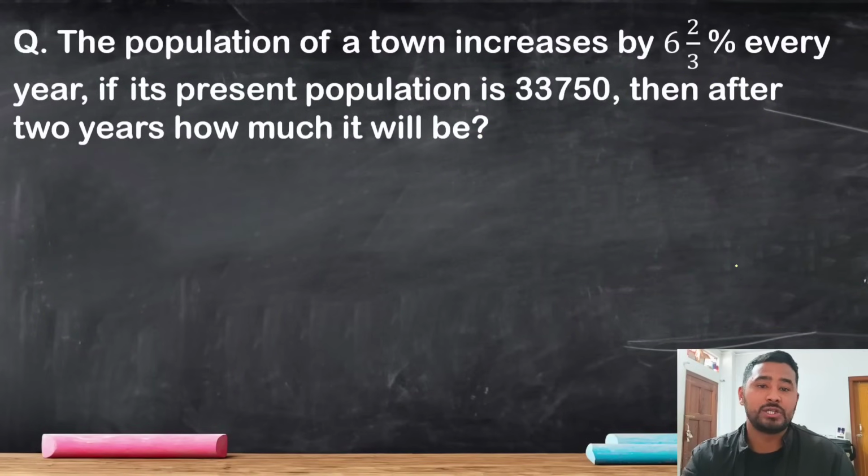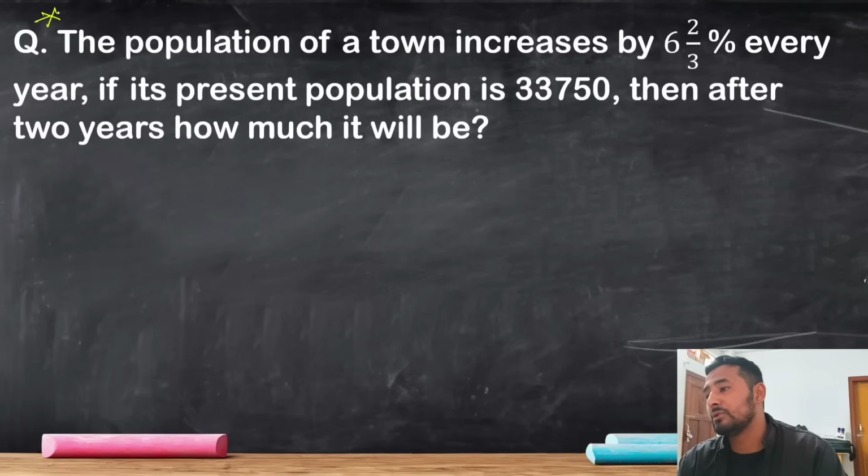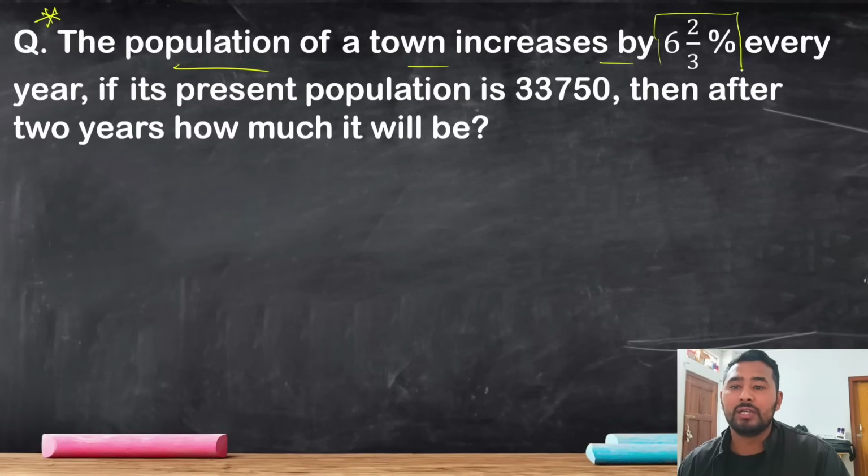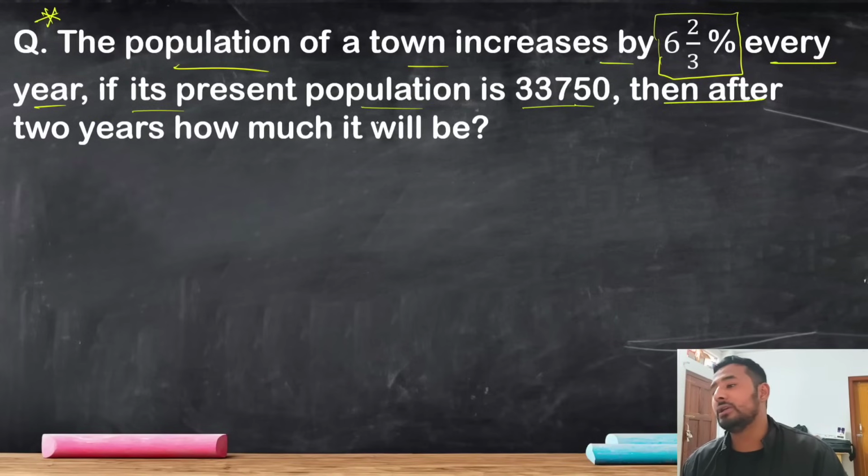See this type of question. Very important question which comes almost every time in MLP exams, right? So let's see. The population of a town increases by 6 2 by 3% every year. If its present population is 33750, then after 2 years, how much will it be?